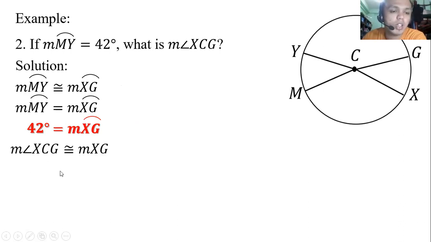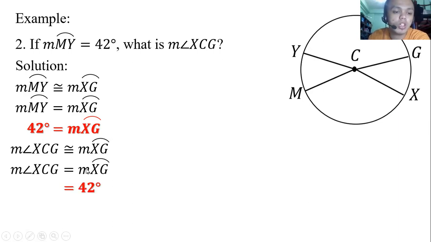And then your measure of angle XCG is congruent to your XG because ito yung maging intercepted arc ng central angle. Now, if your XG is congruent to XCG, therefore they are equal. Then substitute XG to 42. That will make measure of angle XCG 42 degrees. Ito na yung sagot: XCG is equal to 42 degrees.